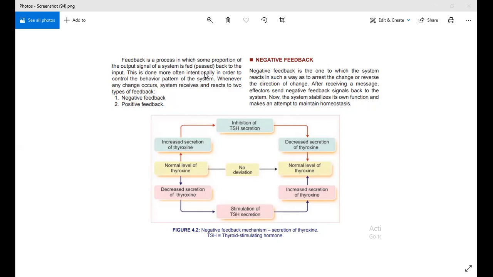For example, like we said the last time, when osmoreceptors in the hypothalamus sense that there is lack of water in the body, or there is increase in osmolarity of the blood, it initiates a process that leads to the release of a hormone, antidiuretic hormone, to prevent water loss.